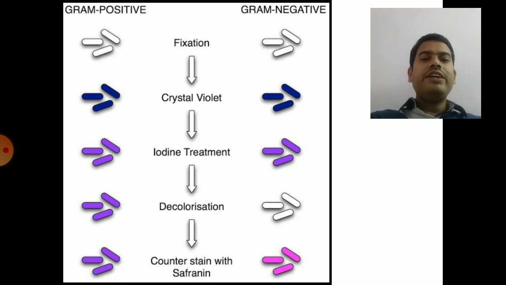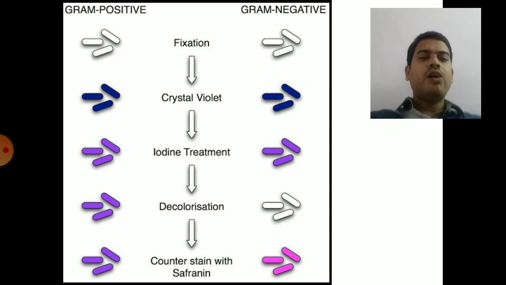After iodine treatment, you clearly see gram positive bacteria did not decolorize. Crystal violet still remains with the gram positive bacteria, whereas in gram negative bacteria decolorization takes place due to puncture of the bacterial cell membranes, where the stain is removed from the gram negative bacteria.